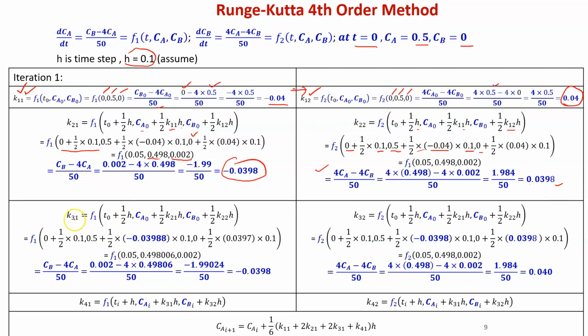Now similarly again K31 is equal to F1 of T0 plus half of H, CA0 plus half of K21 into H, CB0 plus half of K22 into H. So F1 will be 0 plus half into 0.1, 0.5 plus half of K21, which we already calculated, minus 0.398, into 0.1, and CB0 is 0 plus half of K22, which is 0.0398.